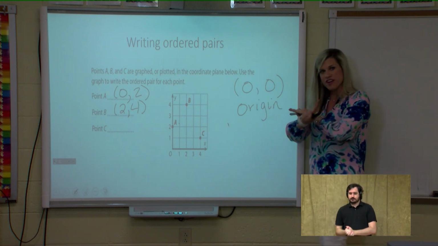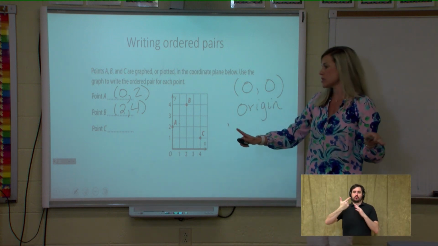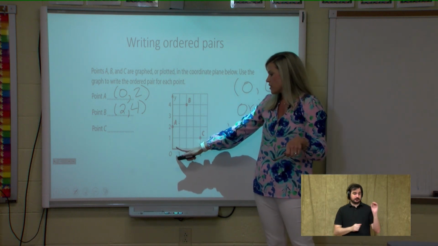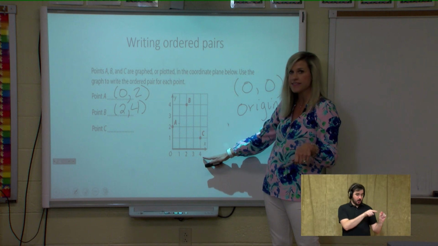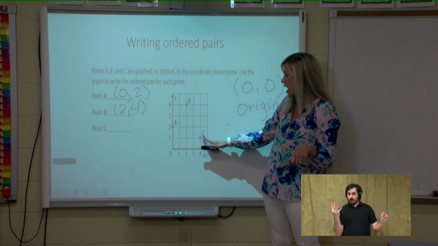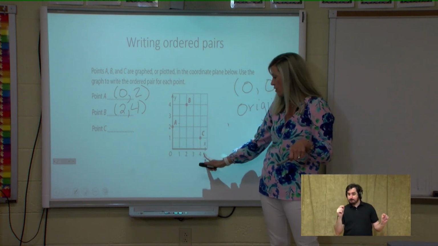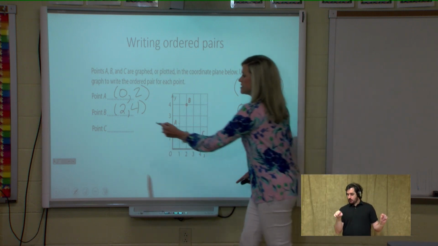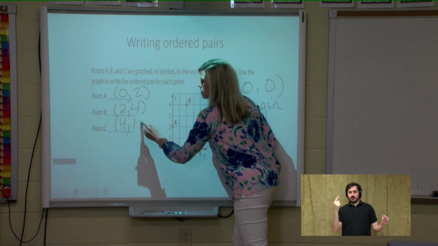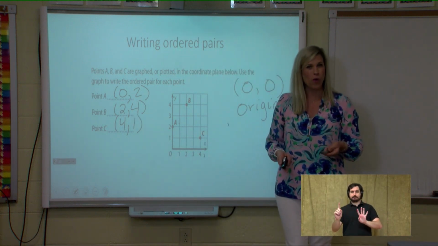That is where everything originally starts. We're going to go over 4 on the X-axis and up 1 on the Y. Over 4, up 1. There it is. So point C is 4, 1.